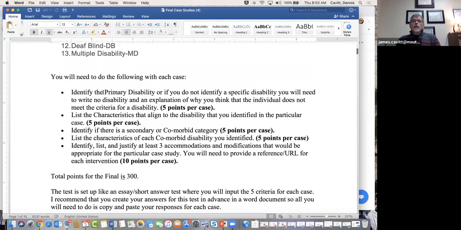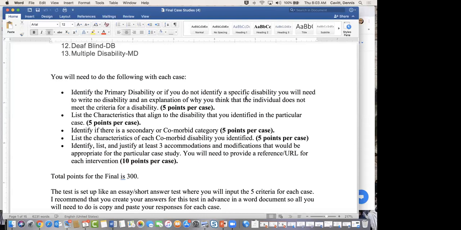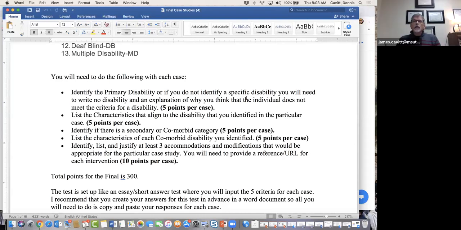You will need to identify the primary disability. If you do not identify a specific disability for a case, and there will be at least one, there's going to be one case that is not a disability category. So that's going to be important. You just write no disability identified, okay?